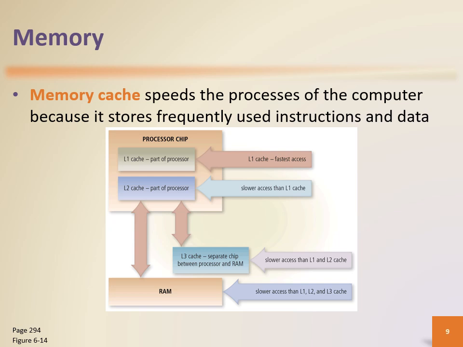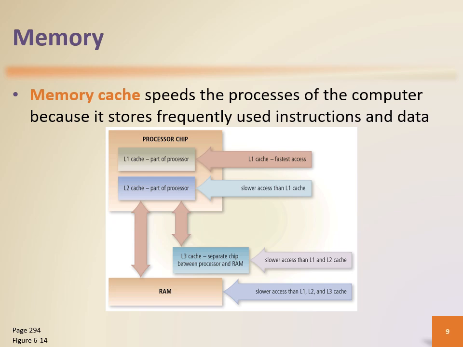The faster one is L1, and if it does not find it in L2, then it has to find it in L3, which is a separate chip between processor and RAM, usually not on all the computers today. So if it does not find it in L3, then it will search in the RAM.